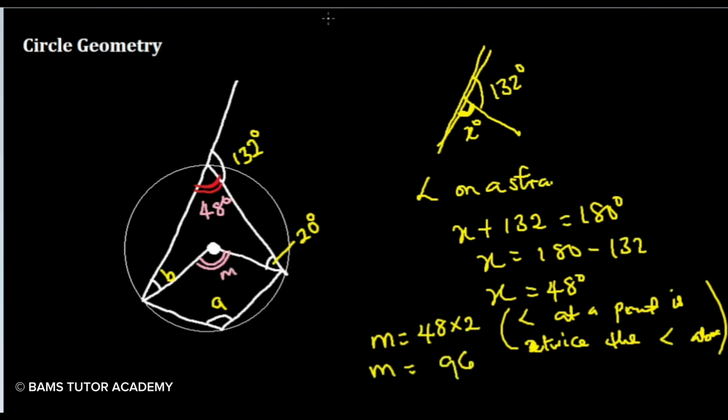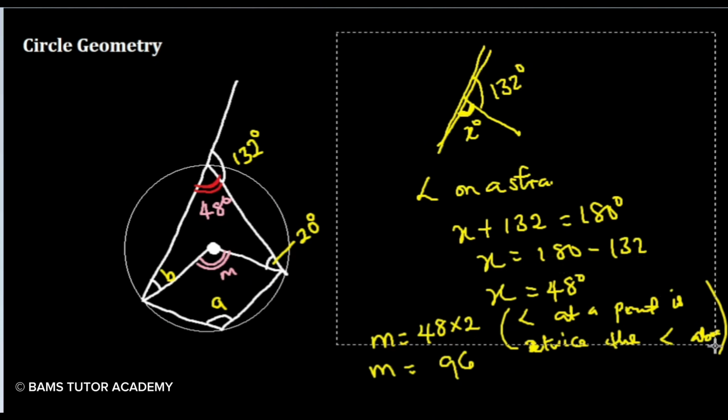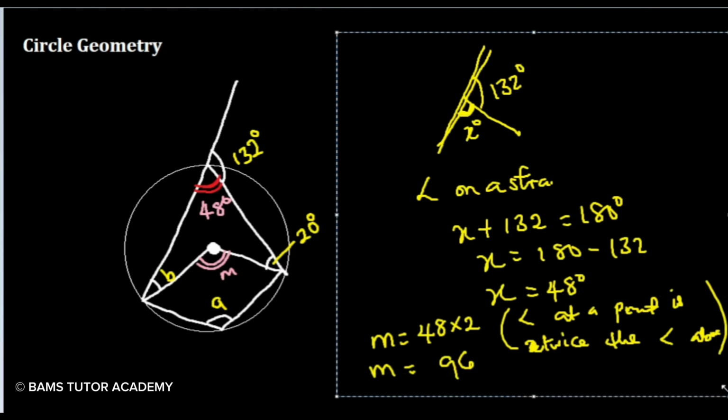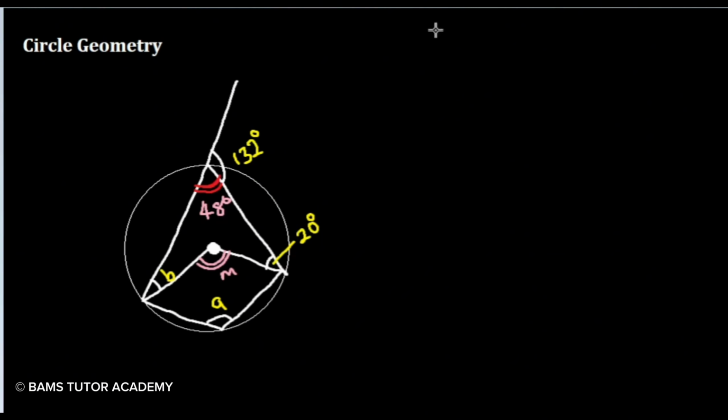And don't forget, for a cyclic quadrilateral, the sum of opposite angles is equal to 180, right? So if I want to get my value of A, very simple. I'll just say that M plus A is equal to 180, because it's the sum of opposite angles in a cyclic quadrilateral. And we've already gotten the value of M to be 96, right?